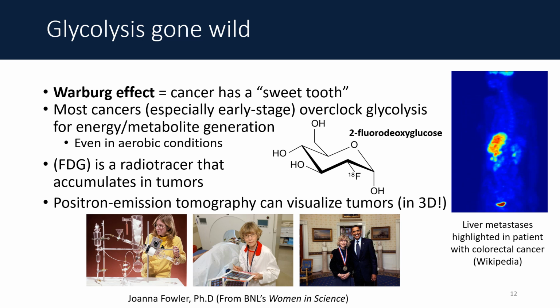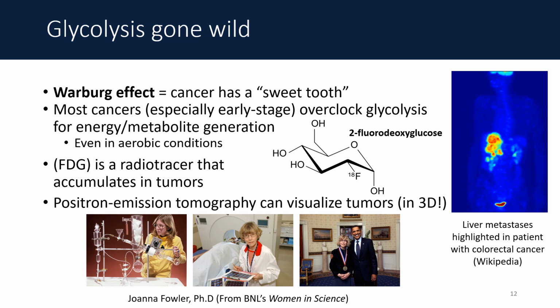It's commonly said that cancer has a sweet tooth. Before a tumor undergoes angiogenesis, which is the recruitment of blood vessels and oxygen into the tumor environment, tumor cells are rather anoxic, and they have to derive most, if not all, of their energy production from inefficient glycolysis alone.